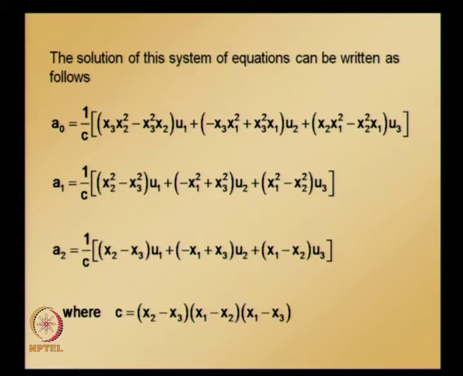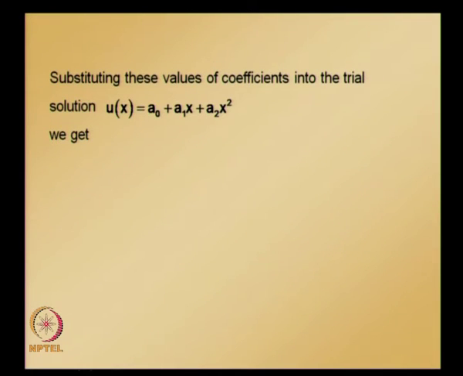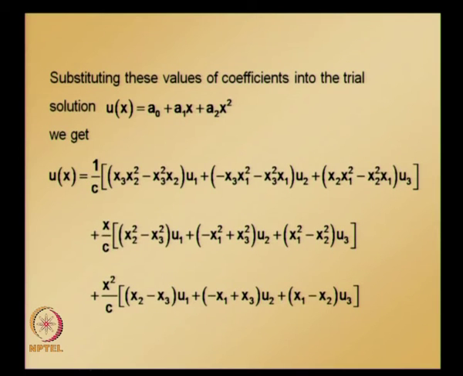So, solving 3 equations for a naught, a1, a2, and now substituting these values of coefficients back into the trial solution, we get this one, and this equation can be rearranged in such a way that the terms containing u1, u2, u3 are grouped together.